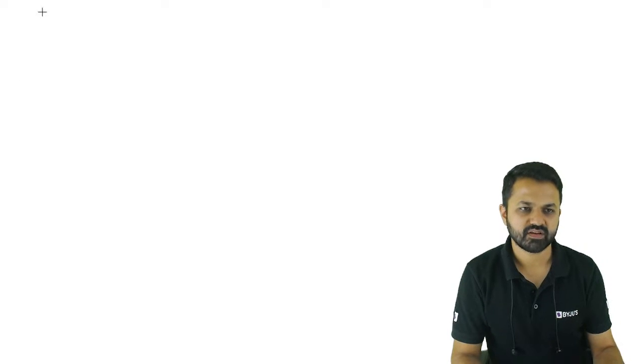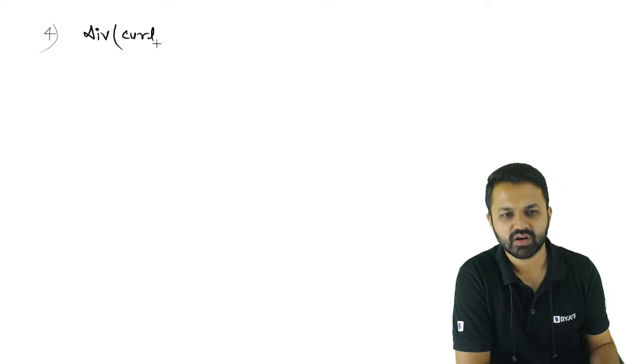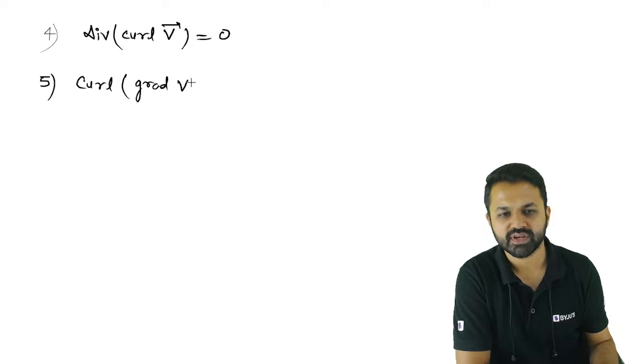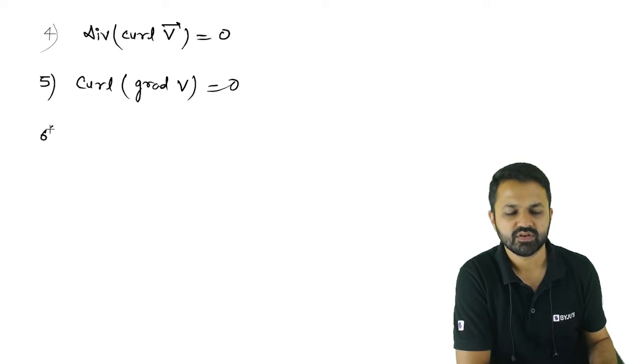Now, fourth point: divergence of curl of any vector is always equal to 0. The fifth point: curl of gradient of a scalar is always equal to 0.